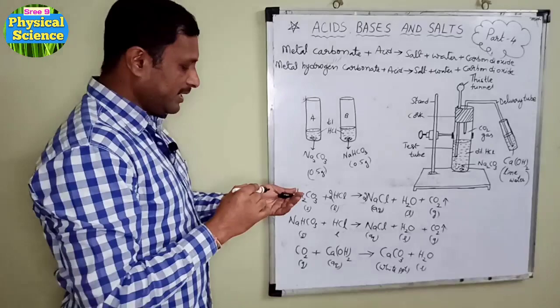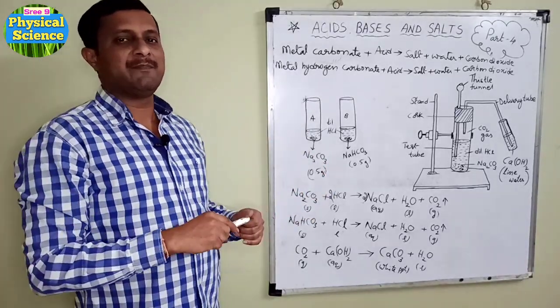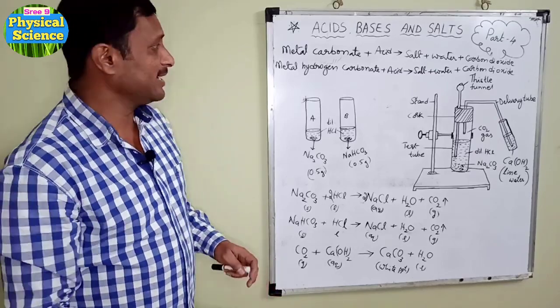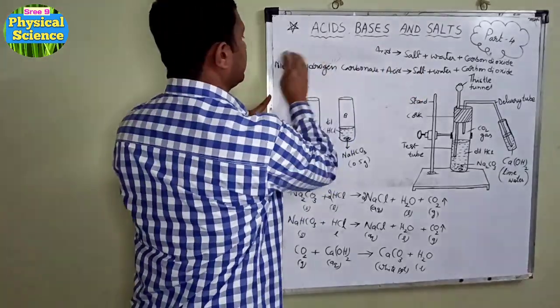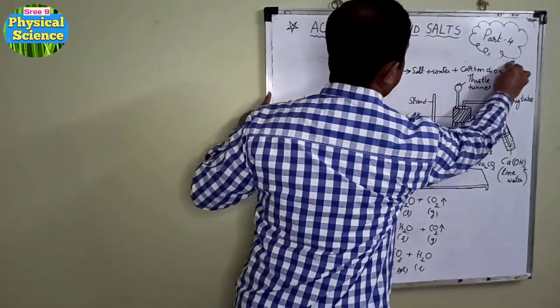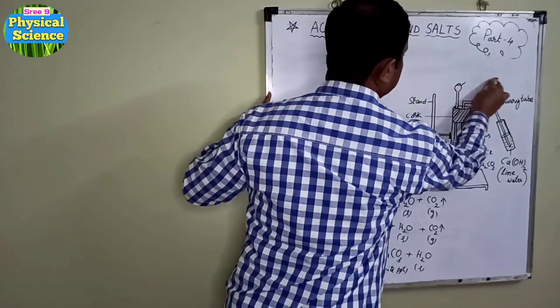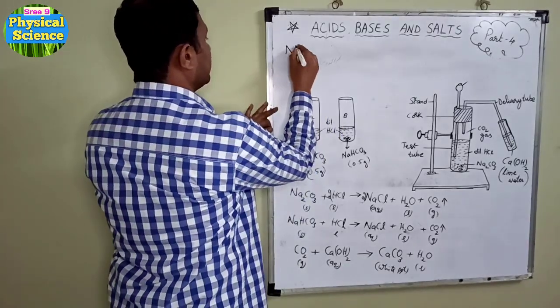So we have to write the conclusion like this for the reaction of acids with metal carbonates and metal hydrogen carbonates. Right, now we will continue with the next topic, that is neutralization. Clear now? Okay. Right, neutralization.